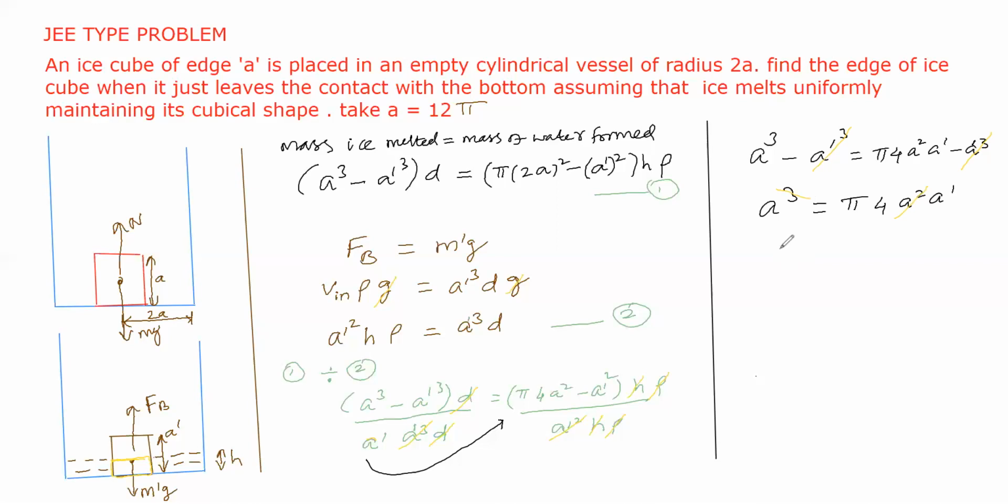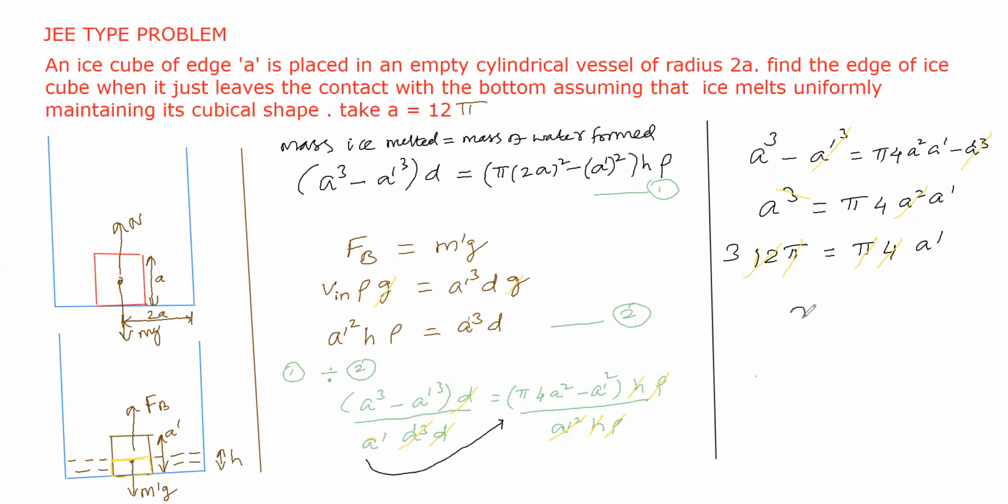Now we are going to substitute the value of a. The value of a is given as 12 pi. So by substituting, 12 pi is equal to pi into 4 into a dash. Now we can cancel pi, and if we cancel the 4 with the 12, we get 3.